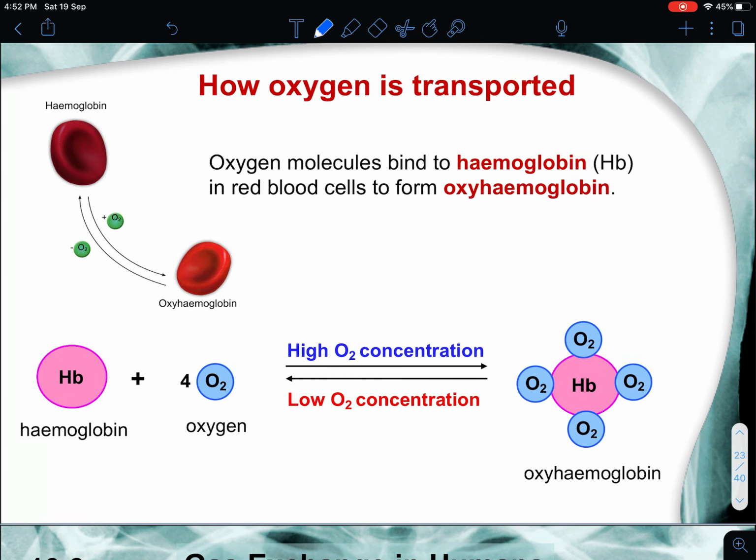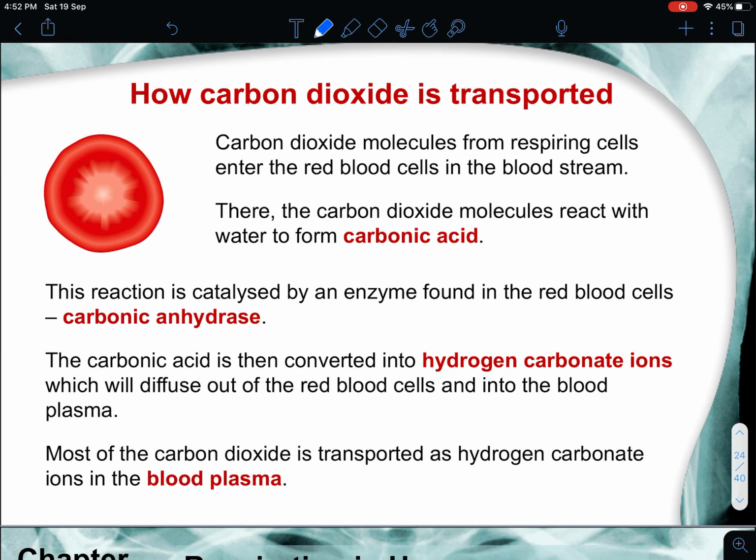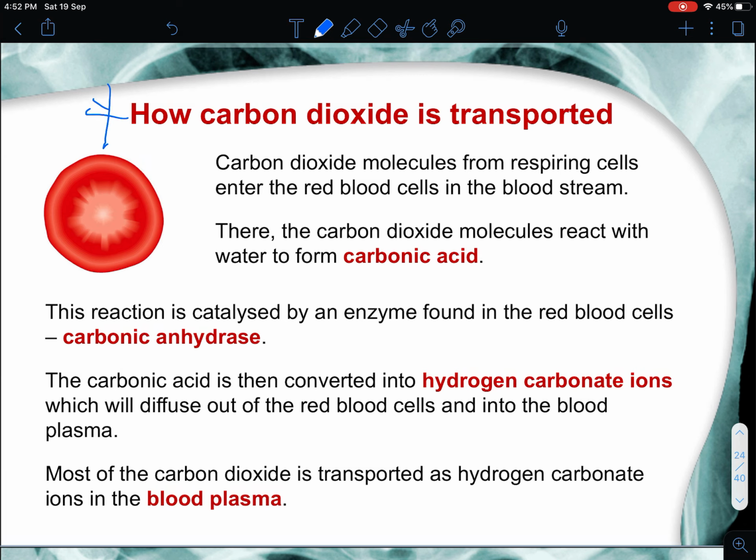How is oxygen transported? Just a recap, it mainly binds to the hemoglobin in the red blood cells to form oxyhemoglobin. Next is this one. One thing to take note of is this name called carbonic anhydrase. So carbon dioxide molecules from the respiring cells will enter the red blood cells in the bloodstream. The carbon dioxide will then react with the water to form carbonic acid.